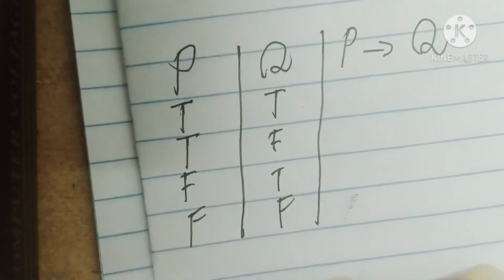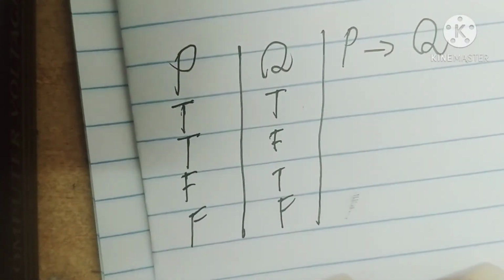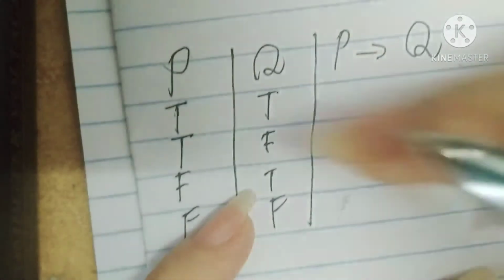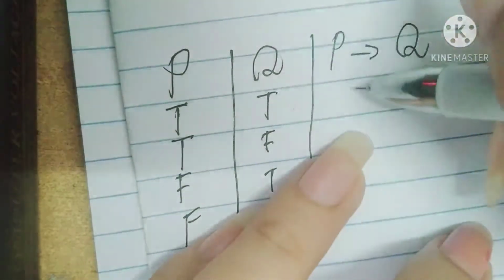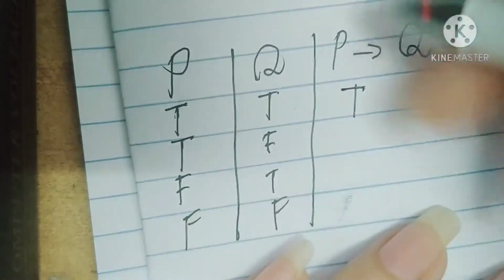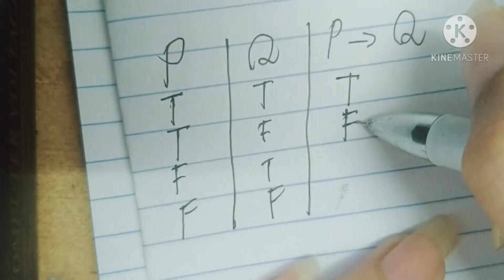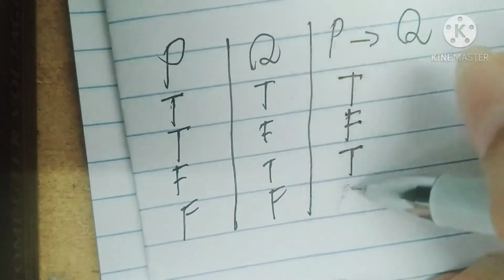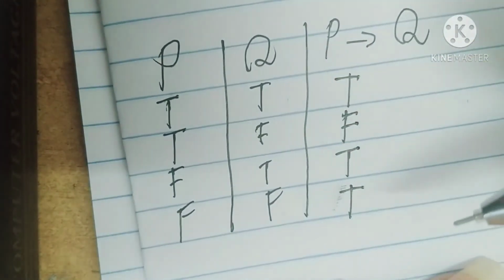Remember, an implication is only false when the premise is true, when the P is true, but the conclusion is not. So if true and true, that will make the statement true. True, false is false. False, true is true, and false, false is true.